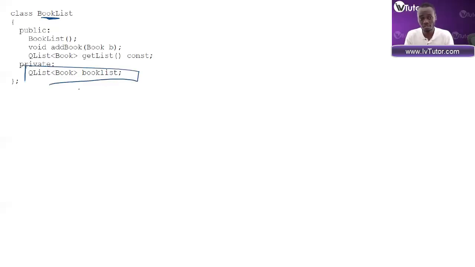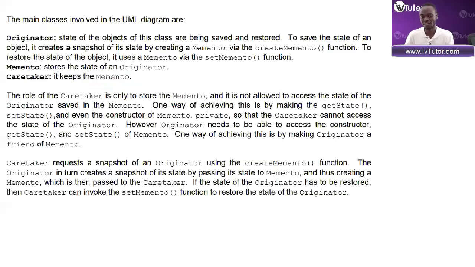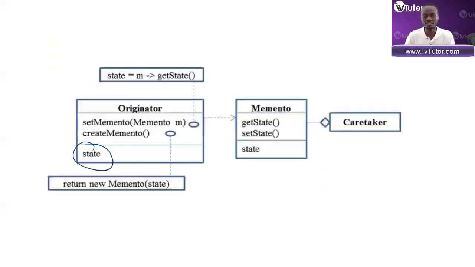It doesn't have to be a queue list. It can be a queue string, it can be an integer, and it can be more than one item. Whatever is under private is what we're referring to as the state of your object or of your class. The state of your class is what's going to change, and it's what we need to preserve and be able to roll back.